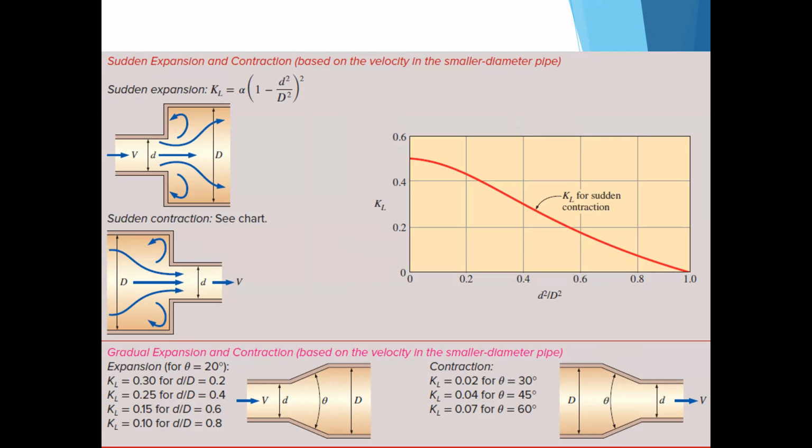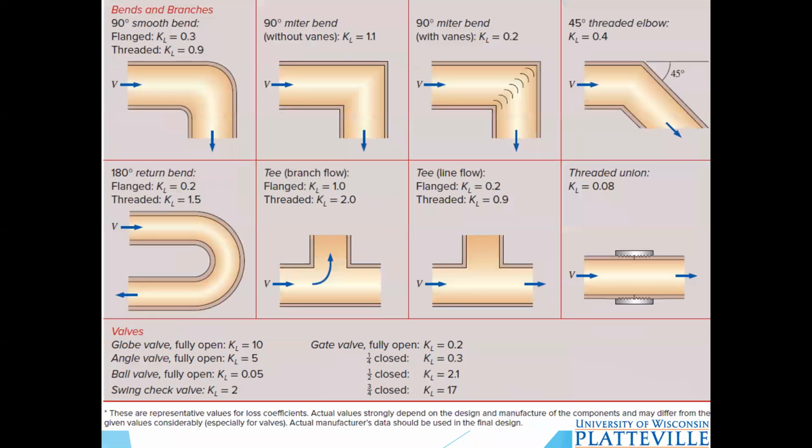So make sure you use the correct KL values. Let's just look at a couple more. And again, I'm going to emphasize valves. It depends on whether it's fully open or how much is closed. We might have different KL values. All right, let's introduce two important equations.